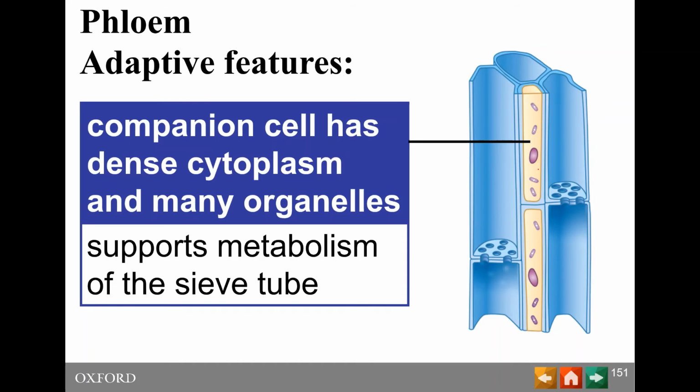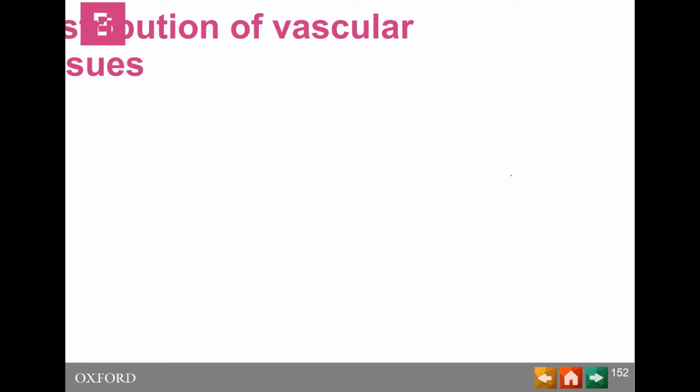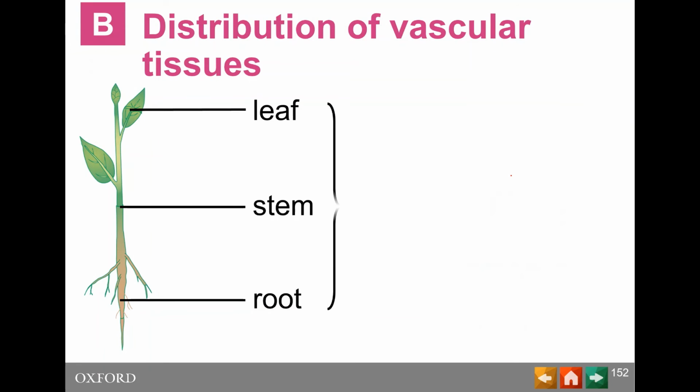For example, companion cells contain many mitochondria, which means they can perform a higher rate of respiration, releasing lots of energy that can be used for active transport, that is, for transporting food.